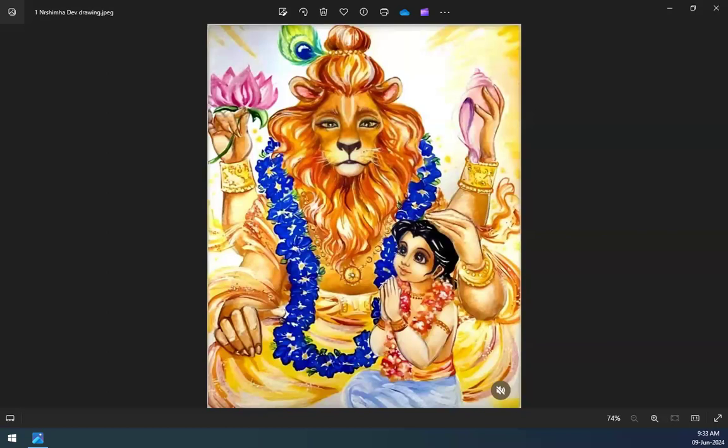So we are just past 9:30 a.m. here in Toronto time. Let me quickly give you homework. 4 points, not questions. Question number 1. Why has Narottama Das Thakur forbidden us to go to places of pilgrimage?